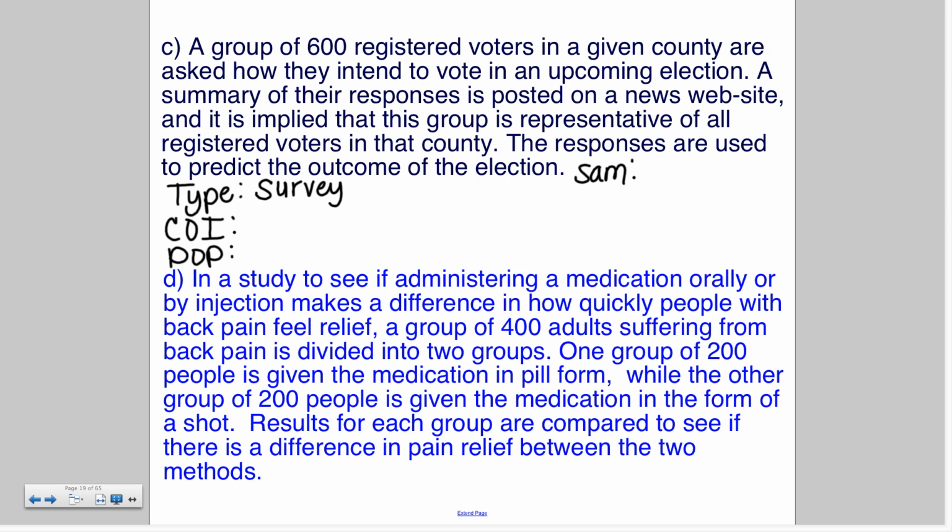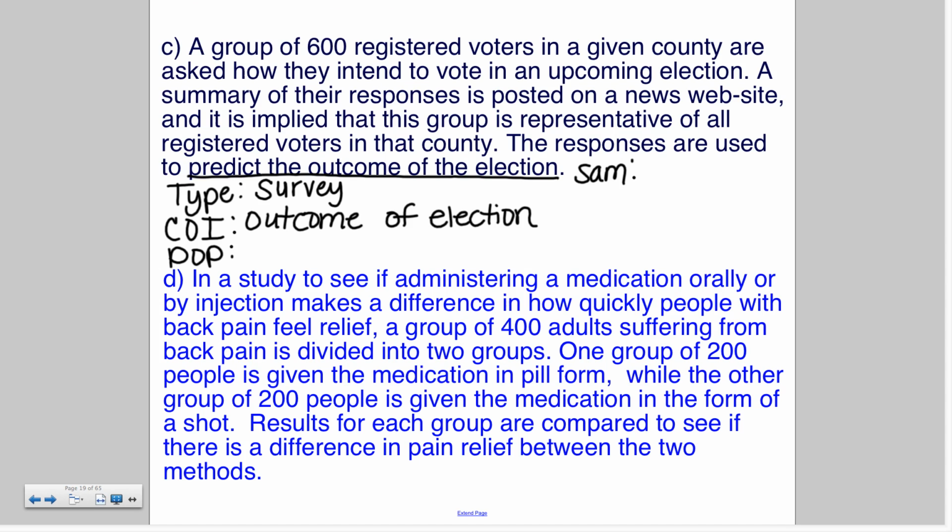Now, my characteristic of interest. What am I wanting to know? If I look right here, it tells me. I want to know the outcome of the election. All right. Now, my population, who are they wanting to know about?